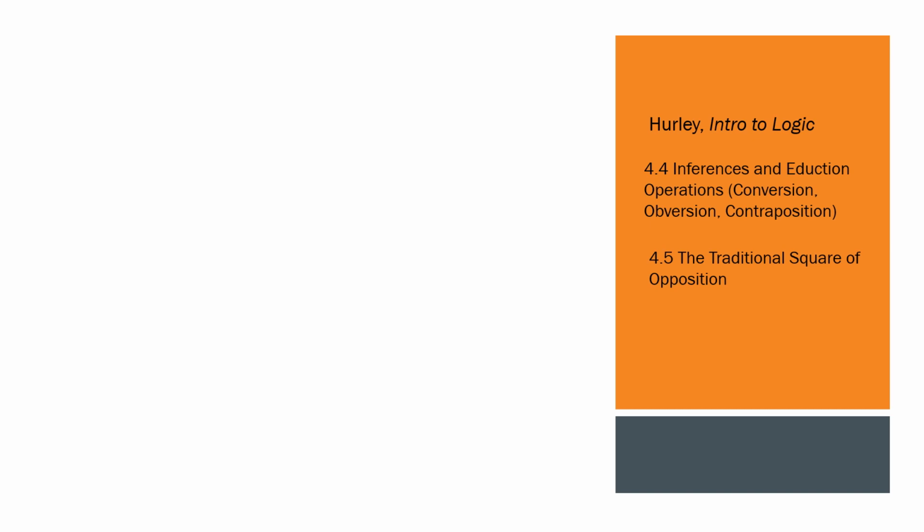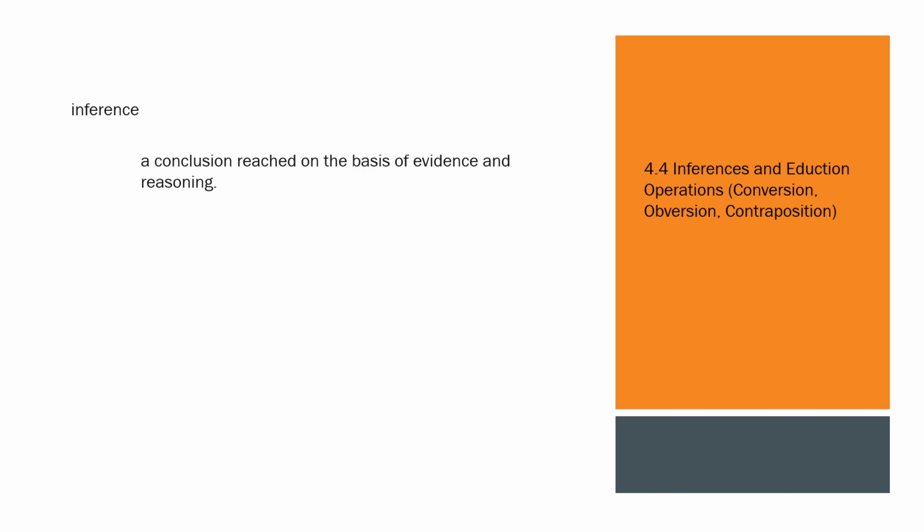Now we move on to the next part of the chapter, which is actually going back to chapter 4.4, about inferences and deduction operations with conversion, obversion, and contraposition. Now, an inference, time and again, is a conclusion reached on the basis of evidence and reasoning.